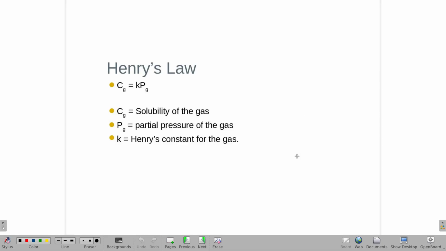Henry's law is used to actually calculate the solubility based on the partial pressure of the gas, using Henry's law gas constant. Now, this one's not as complete as you get in later chemistry classes because this one doesn't take into consideration that Henry's constant for a particular gas will be limited to the temperature you're talking about.